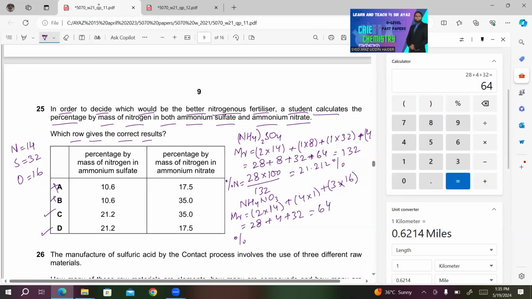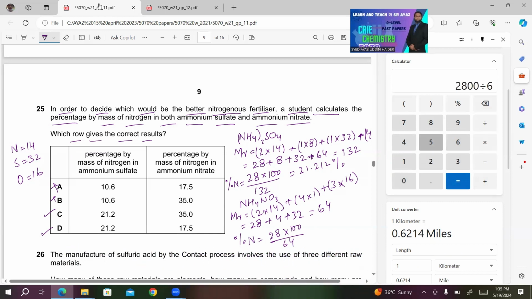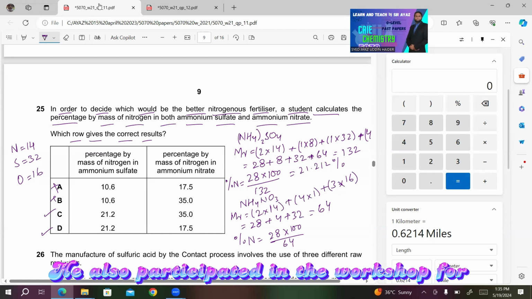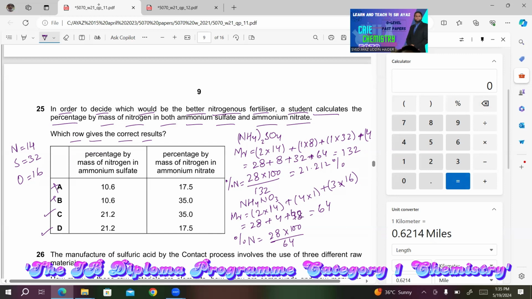So percentage of nitrogen, 28 multiplied by 100 divided by the MR. Sorry, there's a mistake. We must have 48 for oxygen, not 32.